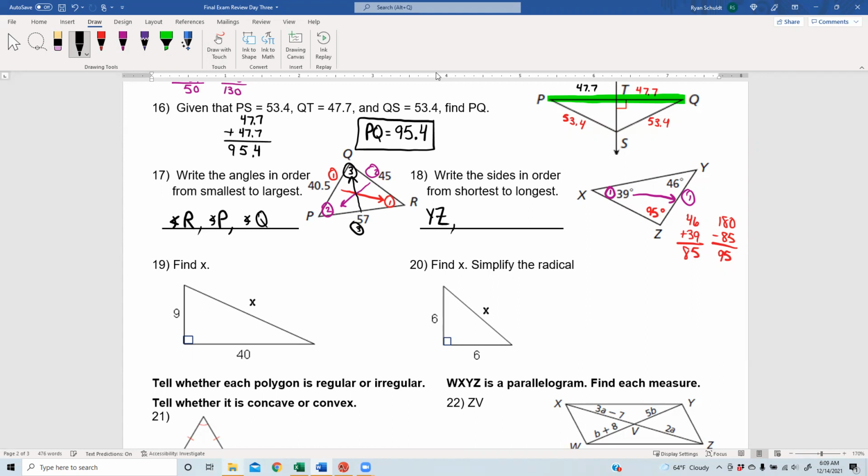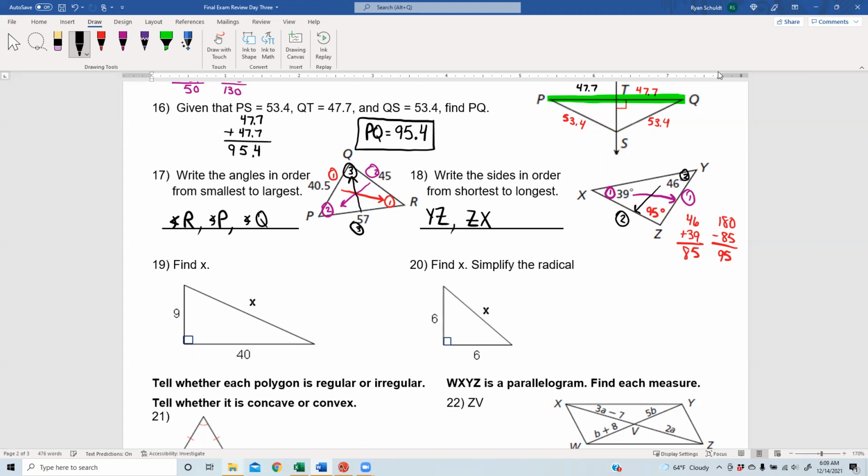Now for my next smallest angle, that's going to be this 46 right here. I go across from it. I don't know why I put a 1, it should be a 2. Go across from it, I land on XZ. Or maybe you want to say ZX, it doesn't matter. XZ, ZX, whatever.